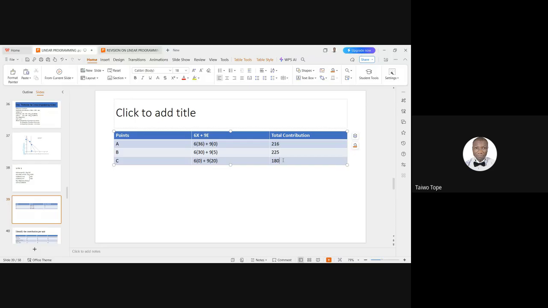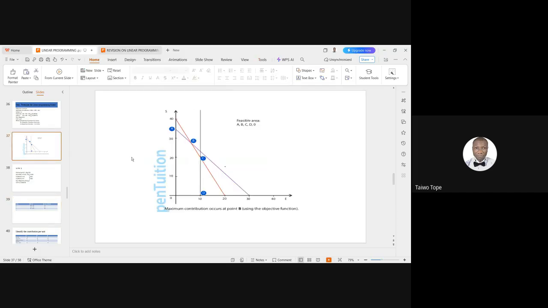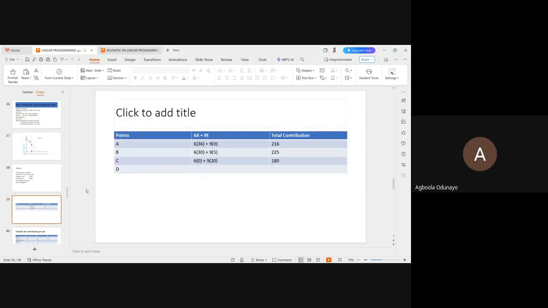So let's take it further. The next is point D, right? Yes. So when E is 10, what is x? 0.